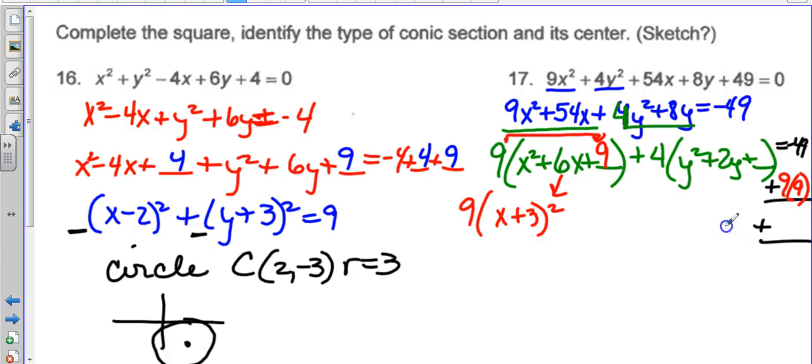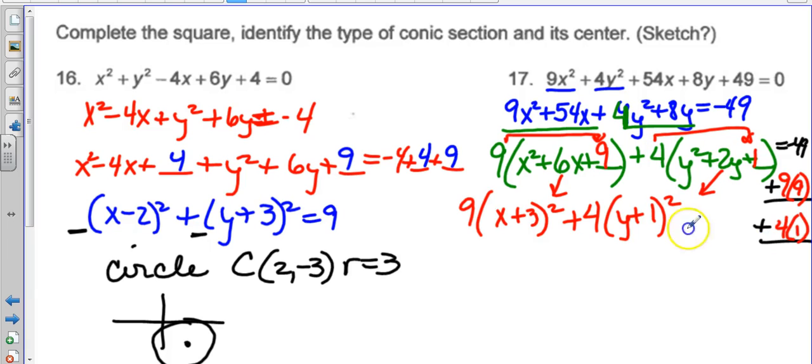I'm going to write 9 times 9 just so you're sure where that came from. And then y plus half of this 2 is a 1. Squared is a 1. So what am I adding to the other side this time? 4 ones or 4. So negative 49 plus 81 plus 4.